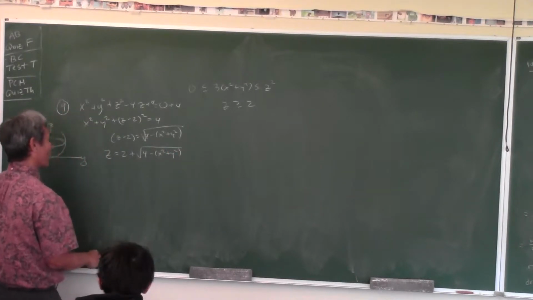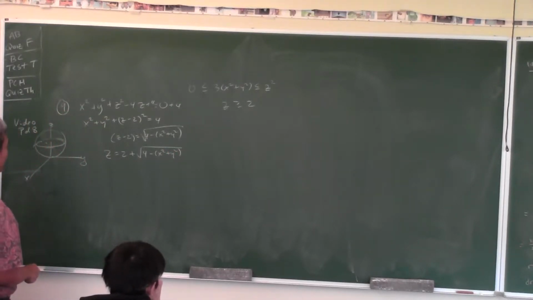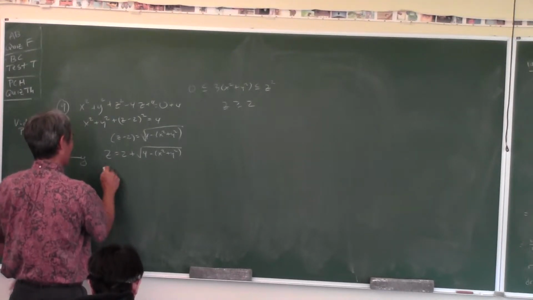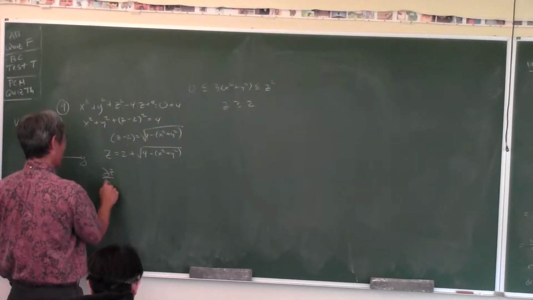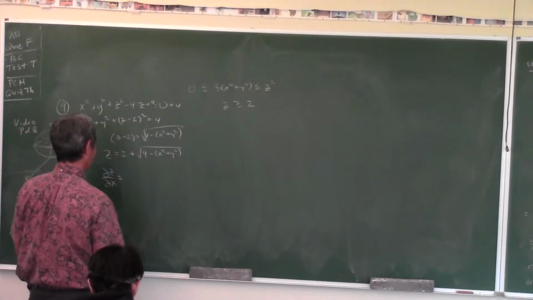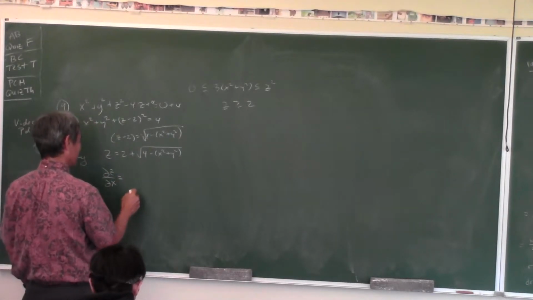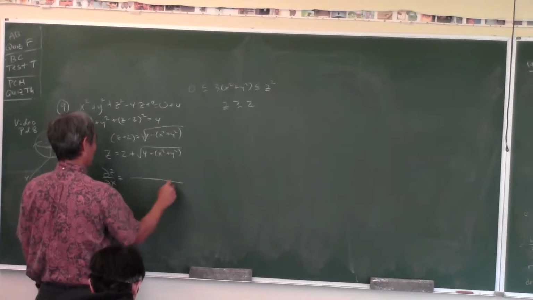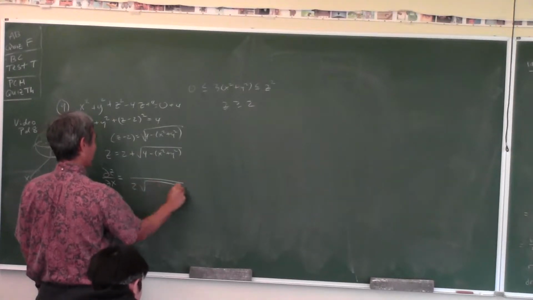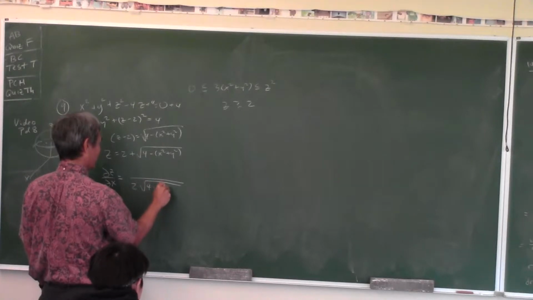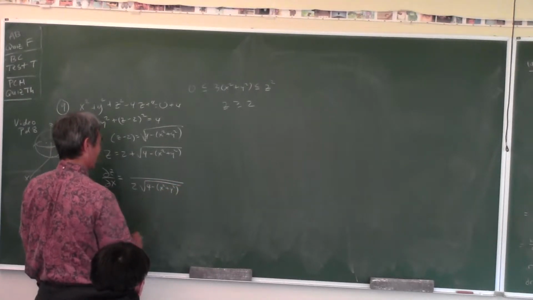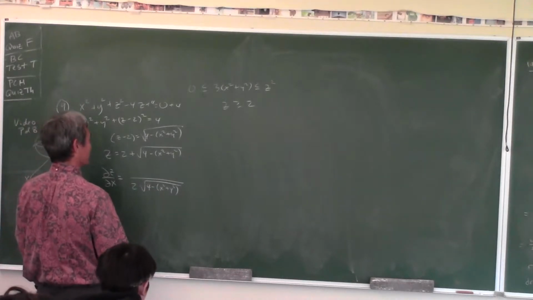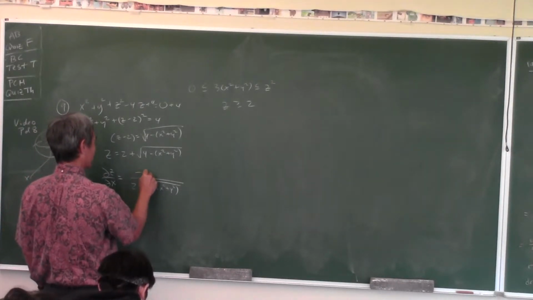Probably we're going to do this in polar, yeah? Okay, so let's do the partials. What is the partial of z with respect to x? Negative x over the square root of 4 minus x squared plus y squared. So 1 over 2 root box times the derivative of box, which is negative 2x.